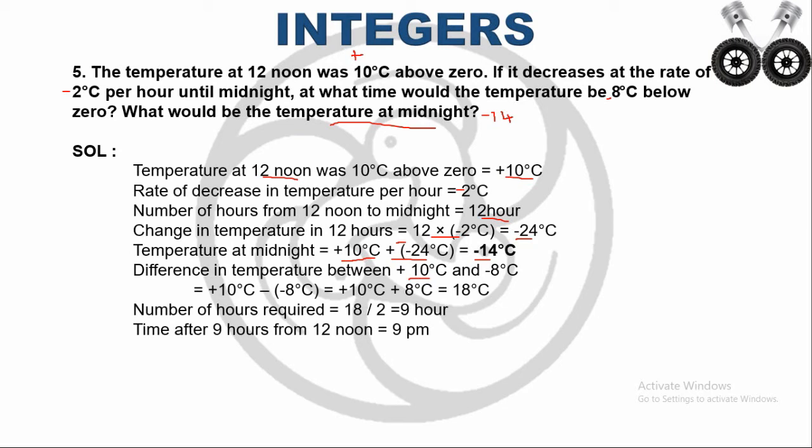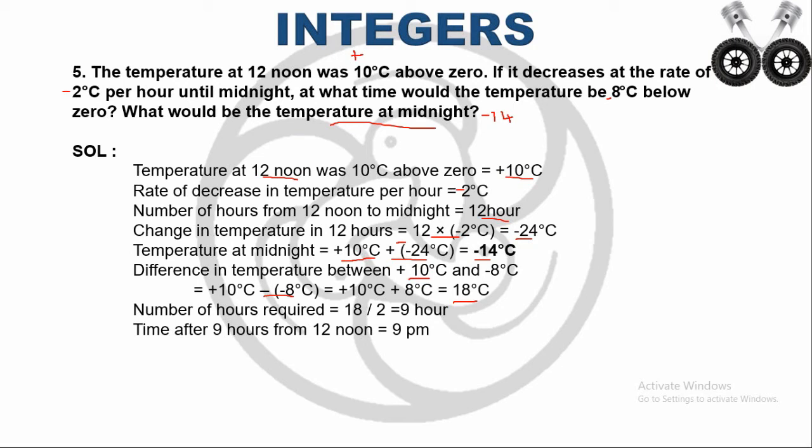Difference means you have to subtract. So 10 degrees Celsius minus of minus 8 degrees Celsius. Here the two operators are next to each other, that means I have to change the sign. So 10 degrees Celsius plus 8 degrees Celsius. The answer is 18 degrees Celsius. So the difference between the noon and the temperature given in the problem is 18 degrees Celsius.